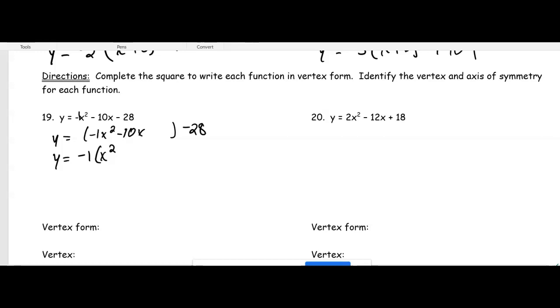And then again, you're thinking to yourself, for the next term, negative 1 times what would give you a negative 10? So a negative 1 multiplied by a positive 10 would give you the negative 10 that we started with. From there, now it's kind of the same thing over and over and over again. To make this a perfect square, you divide the 10 by 2, because you would have put 5 in one corner, 5 in the other.